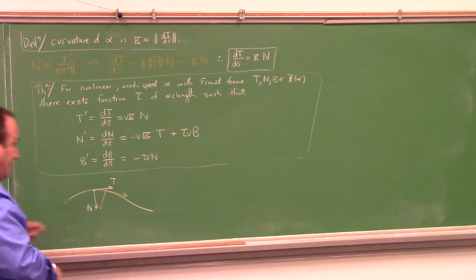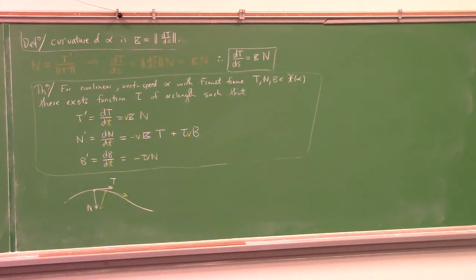So we get tau v from that. So v cubed, I believe, v cubed kappa tau. That's the binormal component of the jerk. Fun fact. So in other words, alpha triple prime dot B is equal to that. It is what it sounds like.